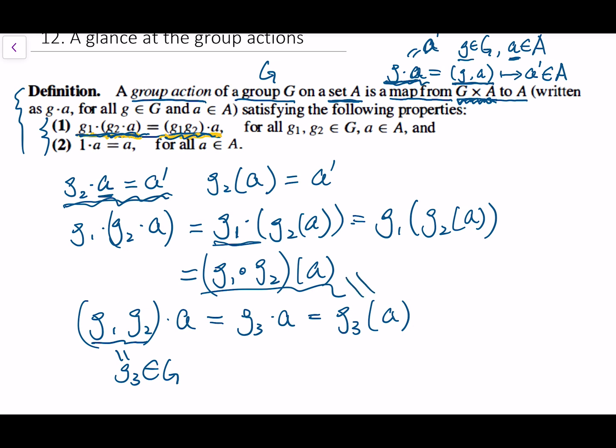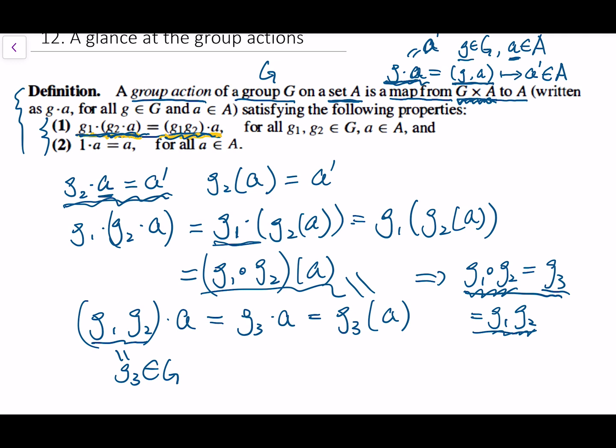Because those two should be the same, we get g1 composed with g2 equals g3 when we consider them as maps. Because g3 in the group is g1 times g2, this means that the composition of the group elements, when we consider them as maps, is equal to the multiplication of the group elements.